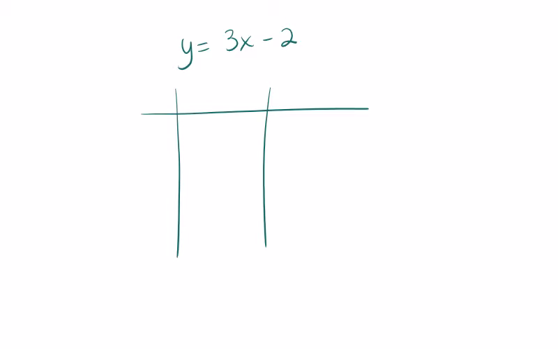Okay, let's do y equals 3x minus 2. So I have x, I have the rule, which is just 3x minus 2, I have y, and then I can go ahead and put the ordered pair.